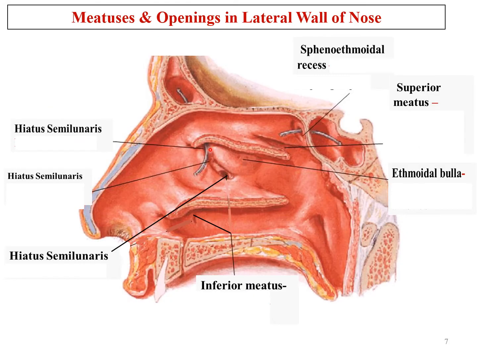In this picture, the conchae have been cut so that we can appreciate the spaces or the recesses which lie beneath them. And these spaces and recesses are known as meatuses. Now let us start from near the roof region.